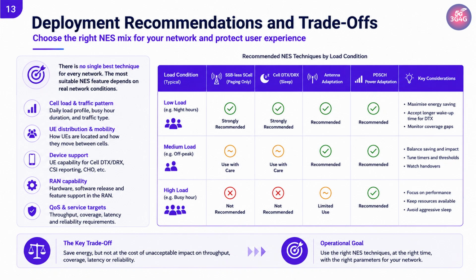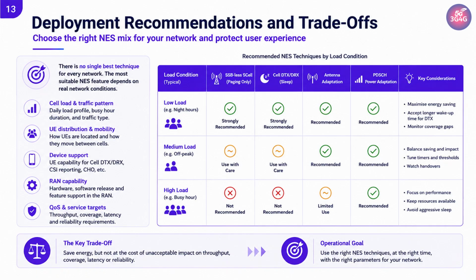Some techniques may still be useful, but timers, thresholds, and KPI guardrails become more important. During busy hour, the priority is usually performance. Aggressive sleep may not be appropriate. Some power adaptation may still be possible, but coverage, capacity and user experience must come first.